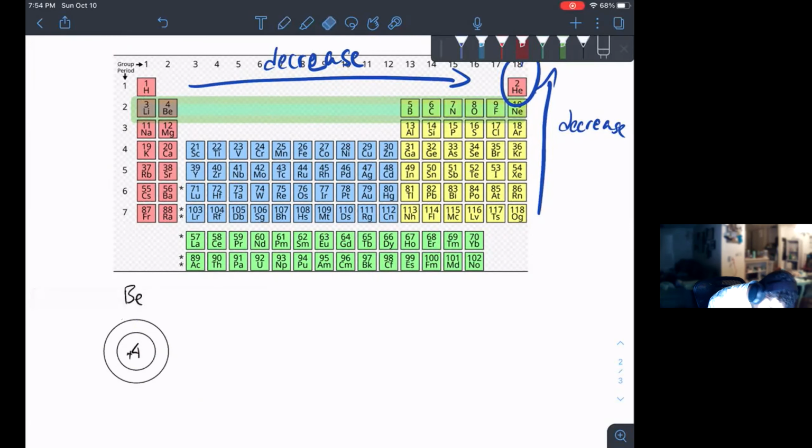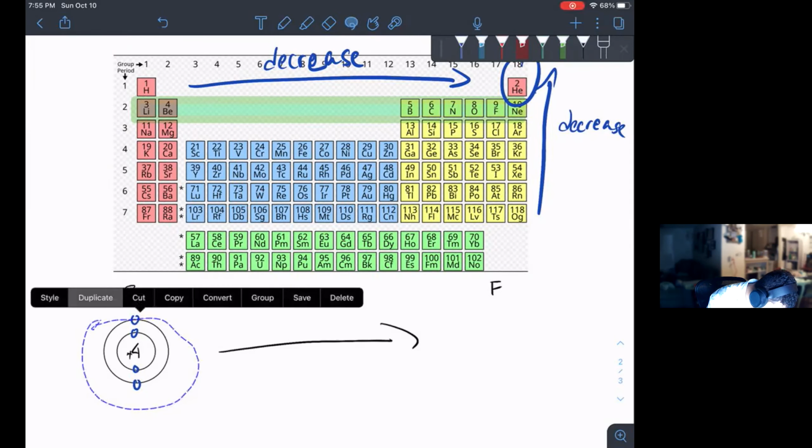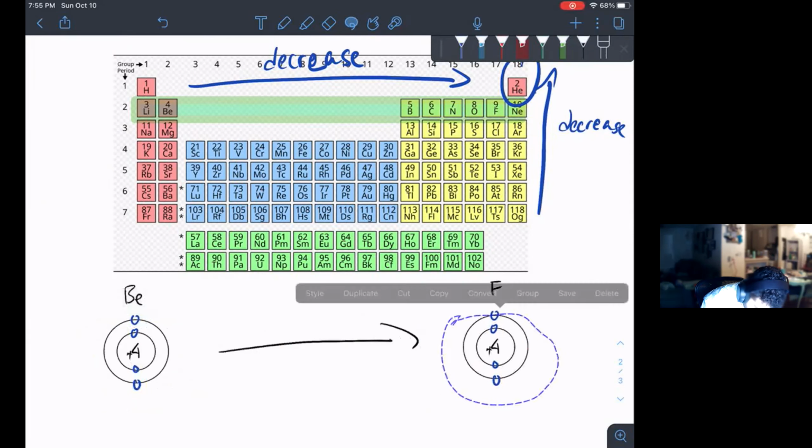And we have 4 electrons. 1, 2, 3, 4. Now, the thing is, as we move over to something, say, fluorine, well, we can see there's a little bit of a change. So I'm going to go ahead and actually just duplicate that one over here.